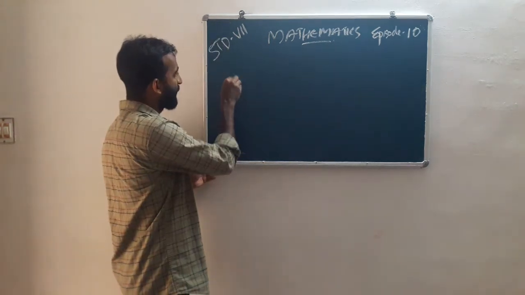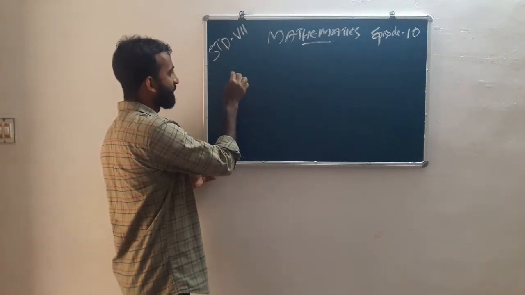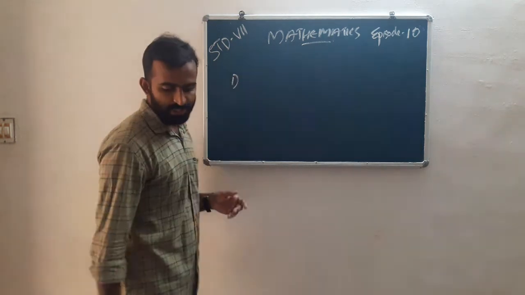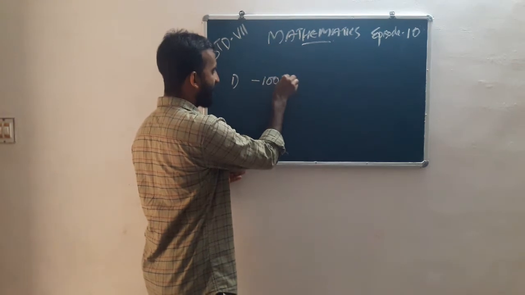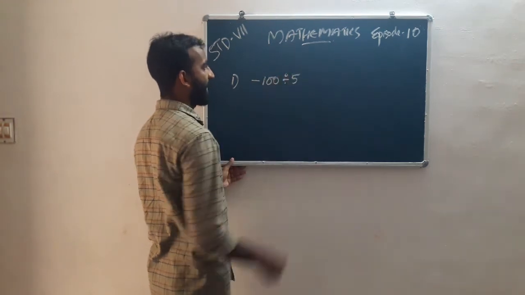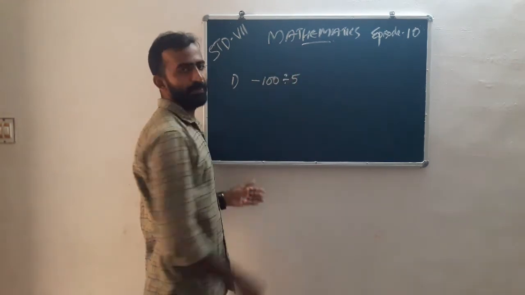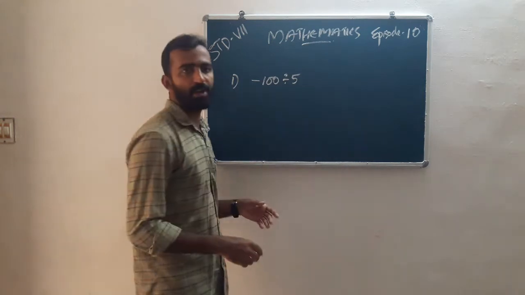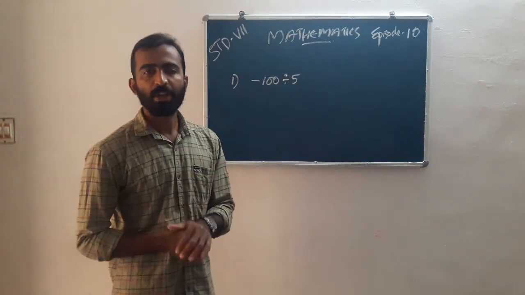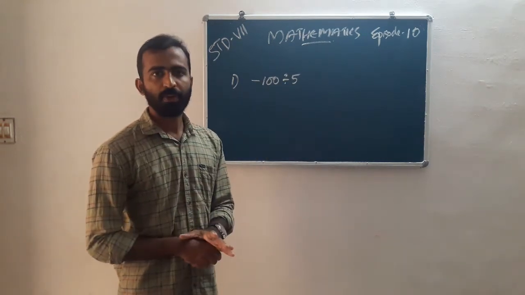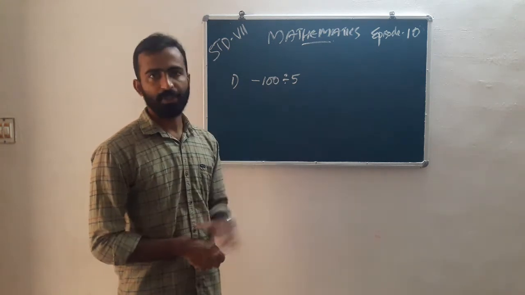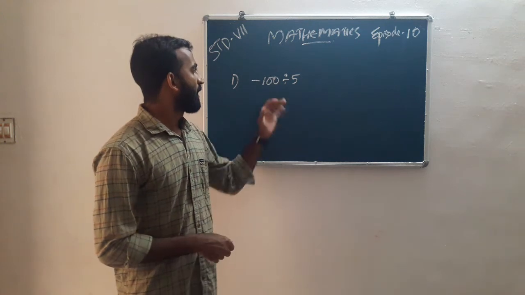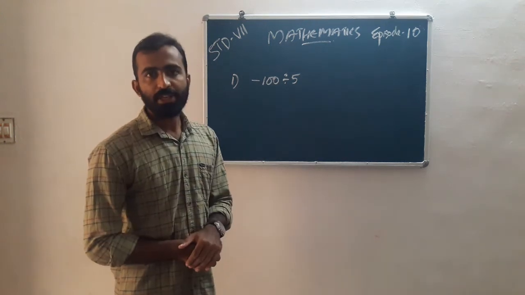Next, we want to find negative 100 divided by 5. First we observe the question. When we get a question, just read it and observe the integers.